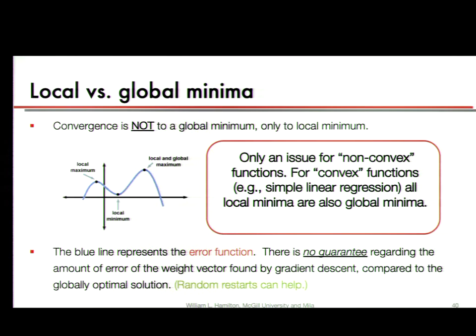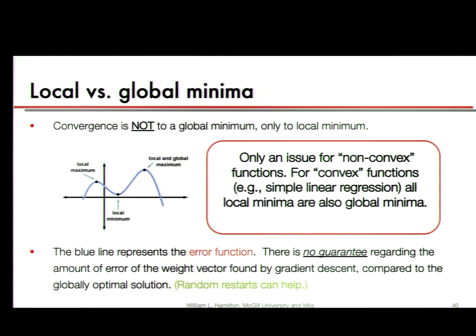So this isn't an issue if our function is convex, and for those of you who are familiar with this principle, you'll probably recognize that linear regression, or in particular this mean squared error loss function, is a very nice convex function. So this is not a problem for linear regression. If we run gradient descent for linear regression, we always hit the global minimum. We always hit the right answer. Not a problem at all.